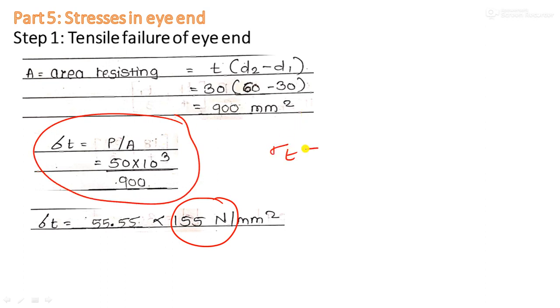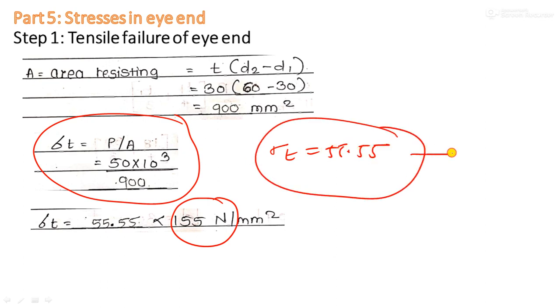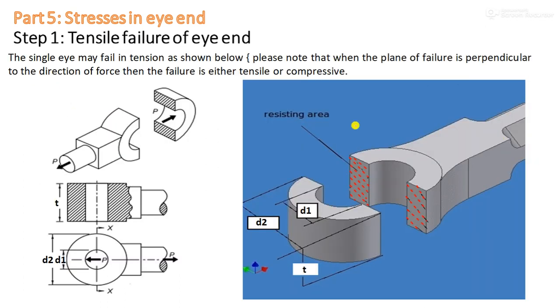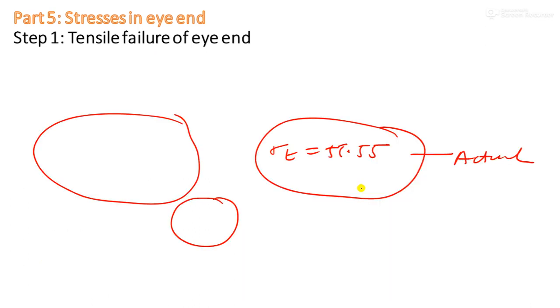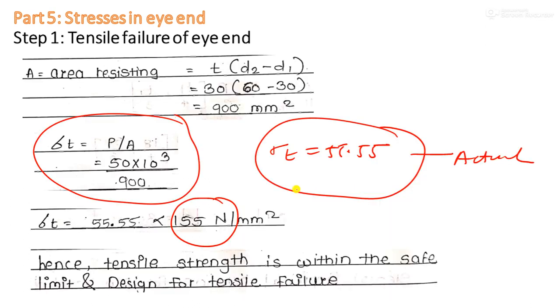This sigma t which you have calculated is not a design stress, it is the actual stress. It is the actual stress which is acting here, the actual tensile stress. And if this actual tensile stress 55.55 is less than your allowable, what does allowable mean?